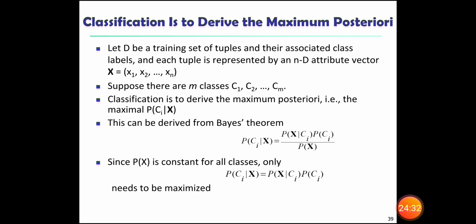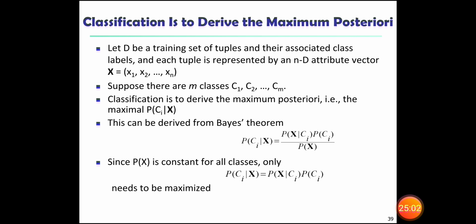The attribute vector will be defined like X = x1, x2, so and so xn. Suppose there are m classes, then the classes can be defined like C1, C2, so and so Cm. Now the classification is to derive the maximum posteriori, that is the maximal P(Ci|X).